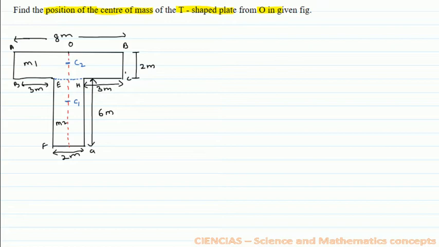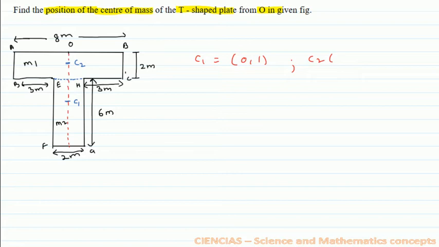I have taken C1 and C2. For the horizontal plate, the center of mass is at C2, and for the vertical plate, the center of mass is at C1. So the coordinates of C2, since the horizontal plate has thickness 2 meter, half of that is 1 meter.